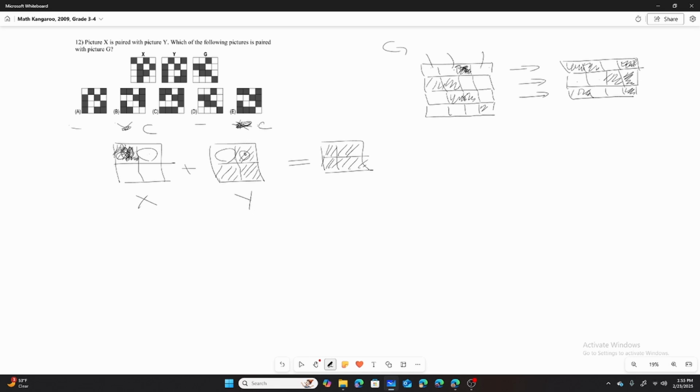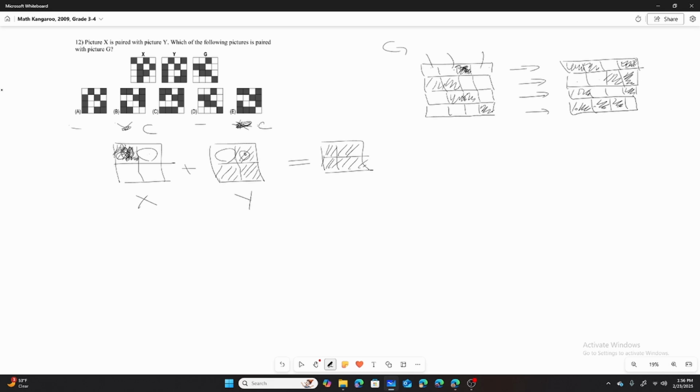In G, this part is shaded. That means that this part is shaded. So in the very bottom row, this and this are shaded. So the choice is between B and E. So it has to be E.